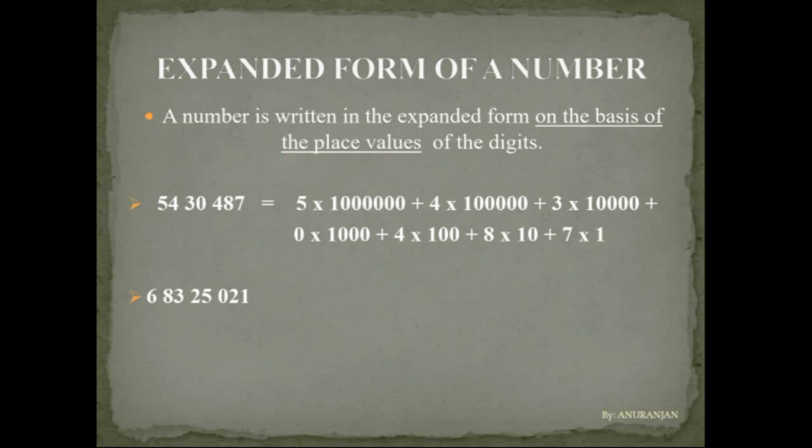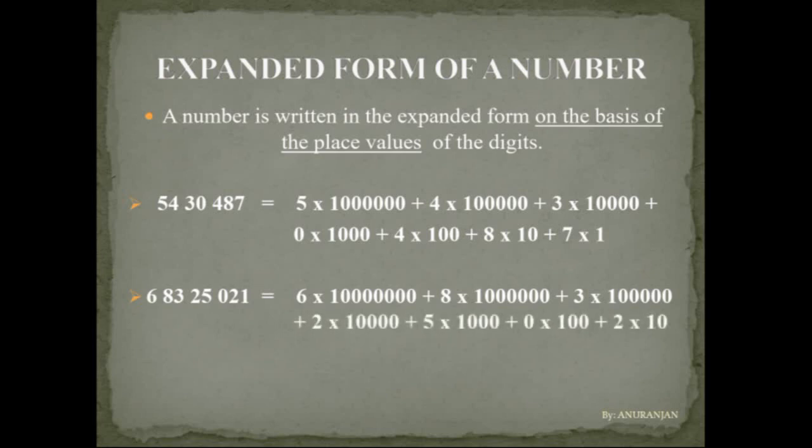So 6 is in the crores place, so we'll multiply 6 into 1 crore plus 8 into 10 lakh because it is in the 10 lakhs place, then 3 into 1 lakh, 3 is in the lakhs place, then plus 2 into 10,000 because 2 is in the 10,000 place, then plus 5 into 1,000 plus 0 into 100 plus 2 into 10 and then 1 into 1.